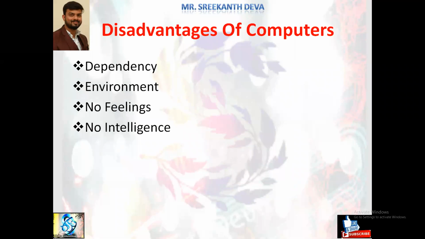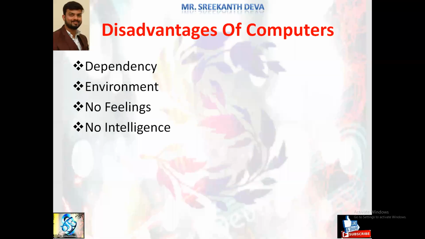It depends upon the user's instructions for any kind of task. Up to fourth generation computers, all computers must depend on the user's instructions. Until the user gives some instructions, it cannot do any job.